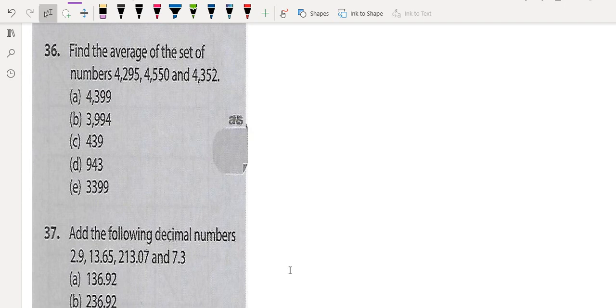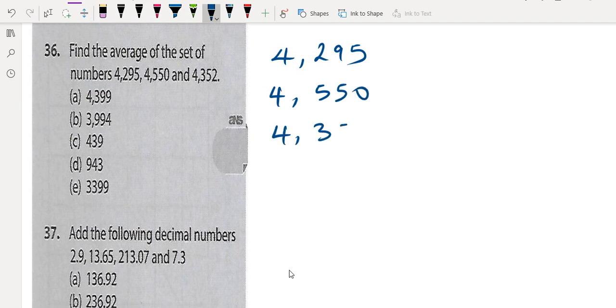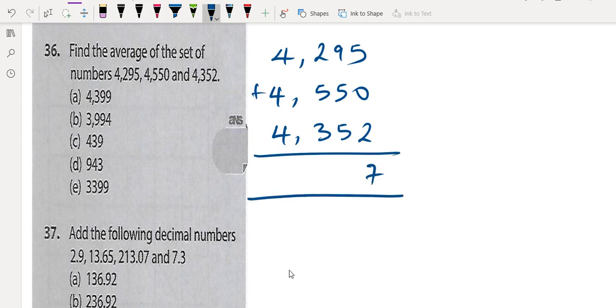Find the average of the set of numbers. So we add the 3 numbers and divide it by 3, because there are 3 numbers. So let's add 4,200... 7, 9, 11, carry 1, 13.